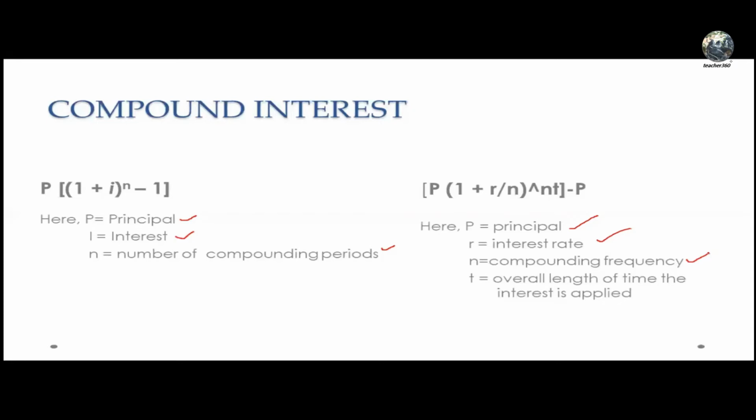In that case, you will get your interest in each of the 6 months of a year. So since it is semi-annually, the compounding frequency is 2. And T is the number of years you are investing or depositing your money.